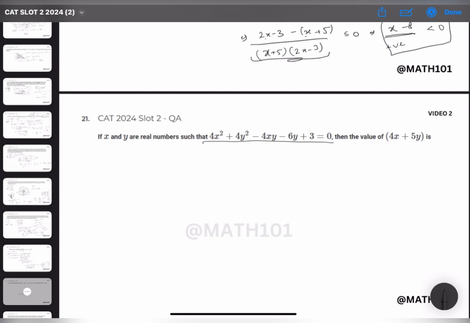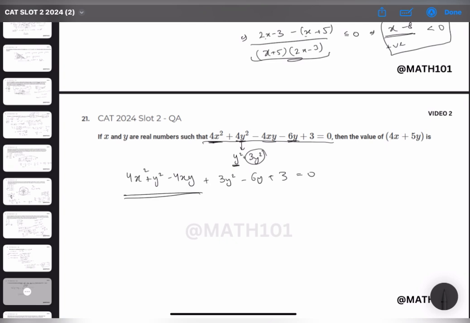Okay. What we will do is we will split 4y square. We will write 4y square is y square plus 3y square. Now what we will do is 4x square plus y square minus 4xy plus 3y square minus 6y plus 3 equals to 0.